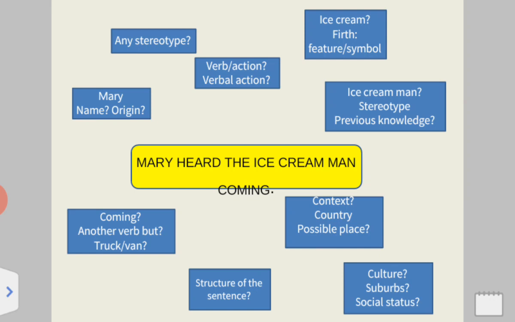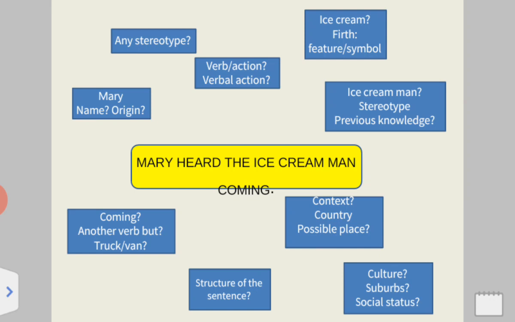So we have the ice cream as a very important symbol, as a relevant feature, as Firth says in the holidays material. And then we have the ice cream man as another participant, which is also important, but not as much as Mary, because Mary is involved in the 3 sentences that we have in this mini text.